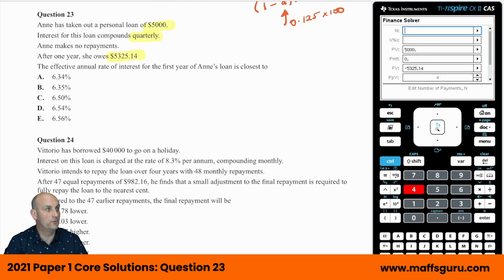Compounds per year is 4. Number of periods, we'll say, is 4. And so my interest rate will be 6.35%. And again, let's rub that out. I'm going to ban the use of highlighters. 6.35 would give me B as my answer.